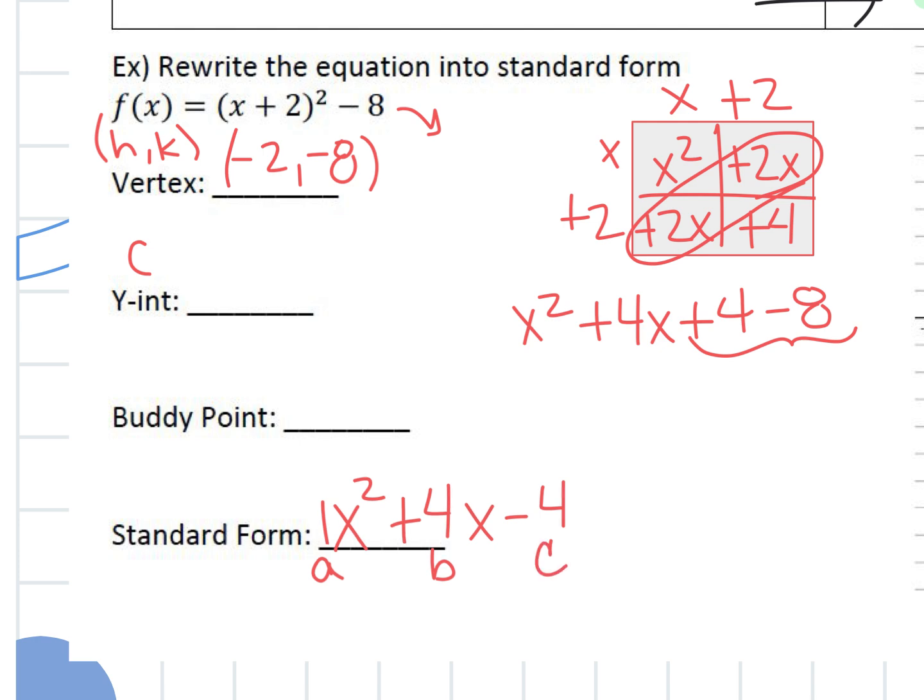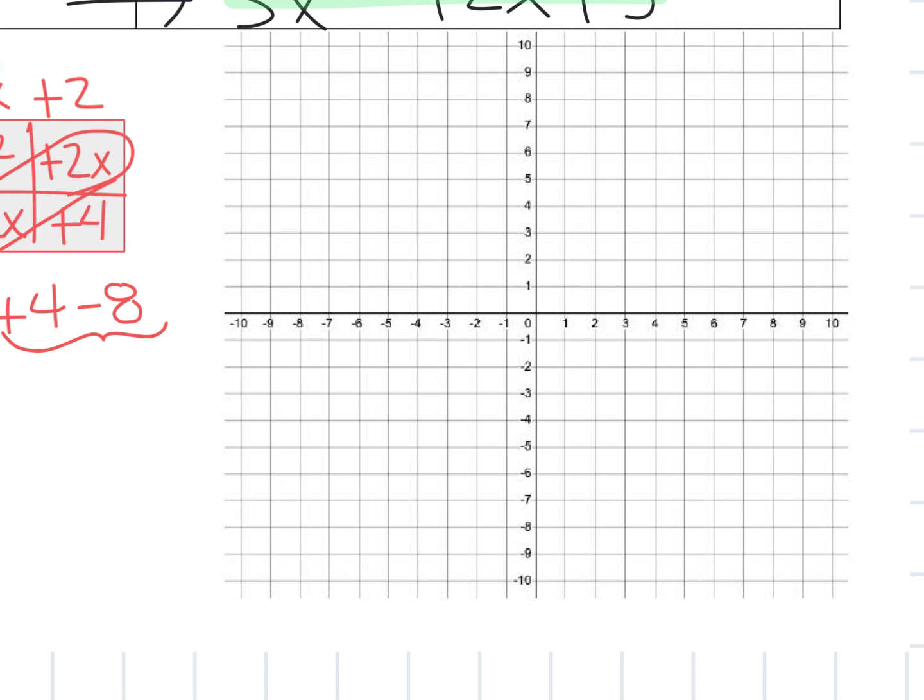We did that in the last unit. And I want you to remember your y-intercept is your C. So now I know 0, -4. So we can go ahead and create part of our graph even without putting it in the computer. So far we know our y-intercept is 0, -4. That's way down here.